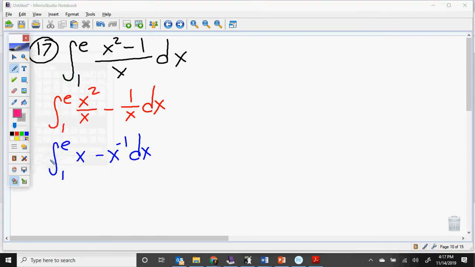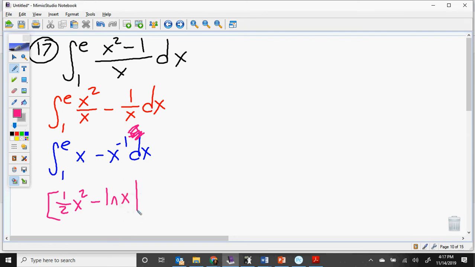Well, the integral of x is 1/2 x squared. And this one right here, if I try to do the add one, remember we get divided by 0, so that doesn't work. We have our special rule where it's minus the natural log of x.